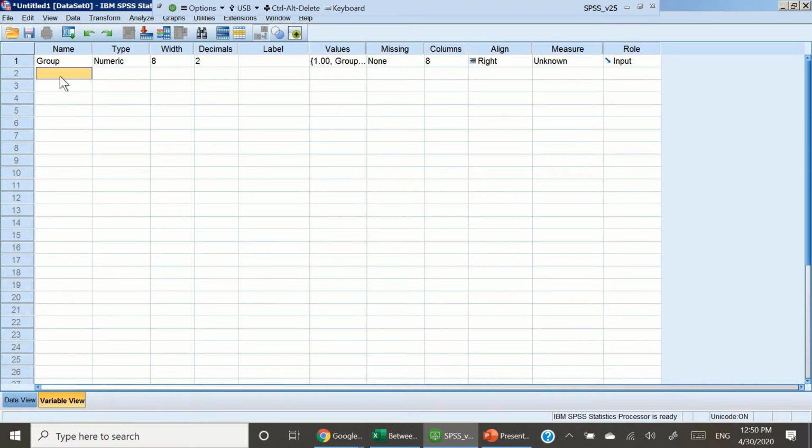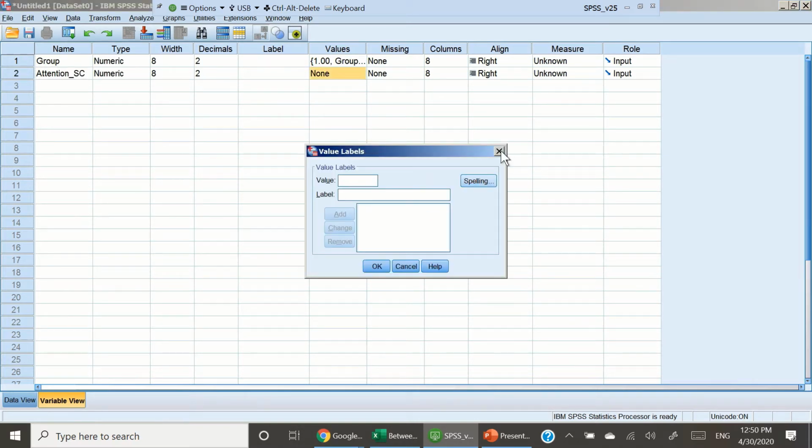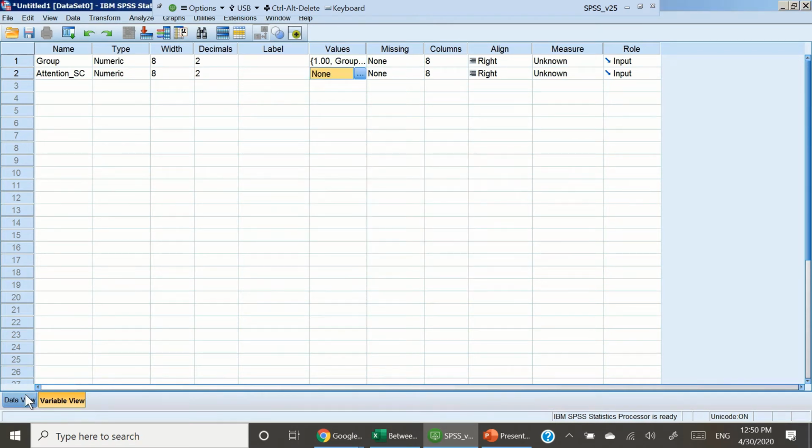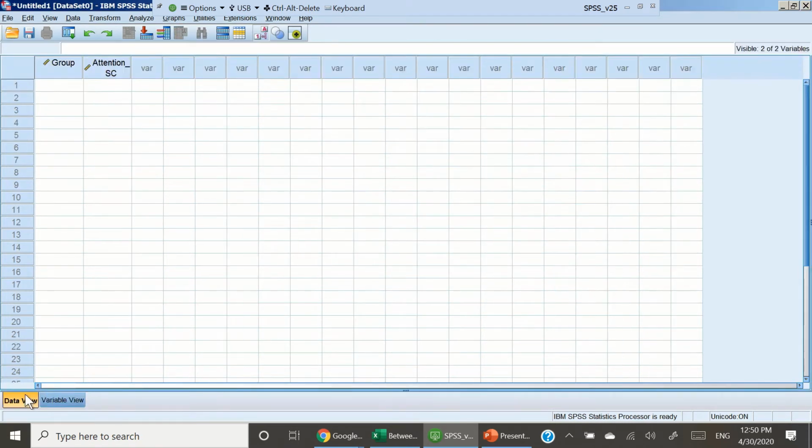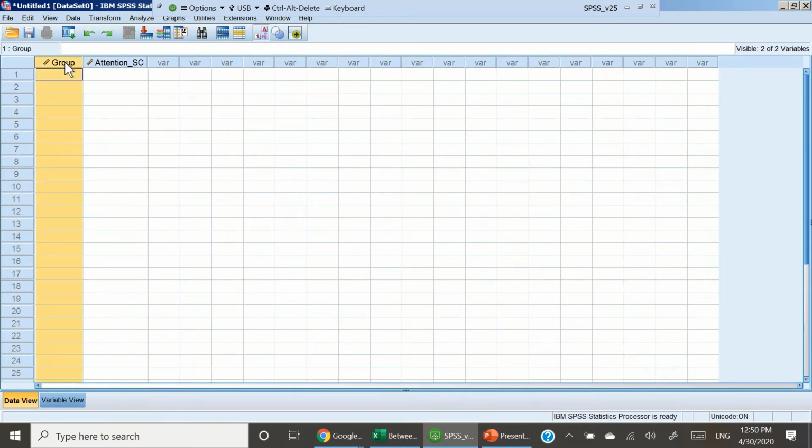And then for this one, what you need to put in here is the attention score. And this one, just leave it alone. You don't need to do anything to it. Now let's go to our data view. Oh sorry, there's something I forgot to do.